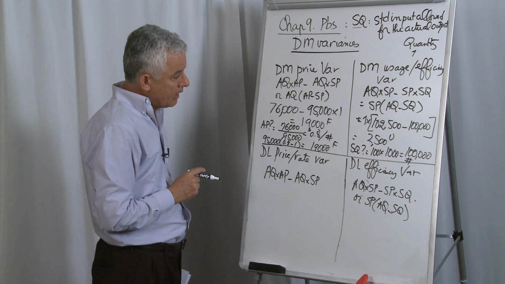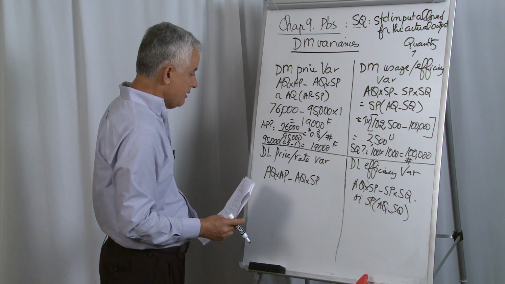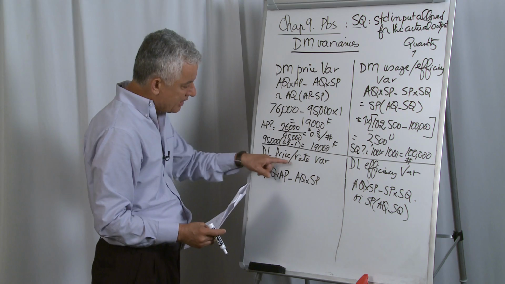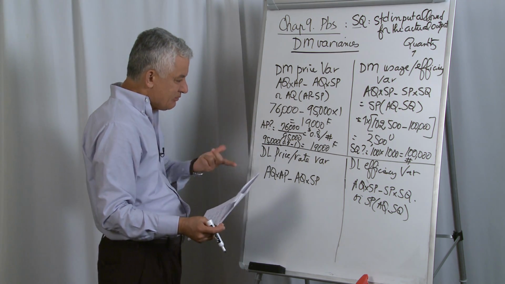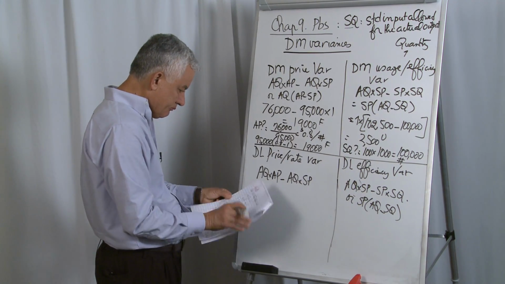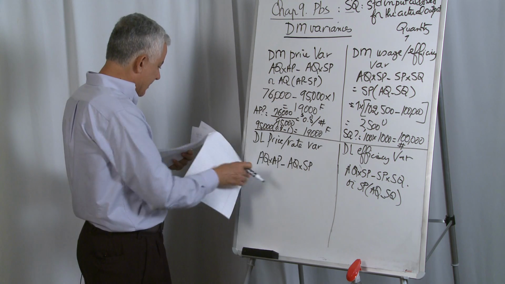Okay, now let's switch our attention to the direct labor price variance. When it comes to direct labor, price or rate variance are used interchangeably. They mean the same thing. So let's do the direct labor rate variance or price variance.